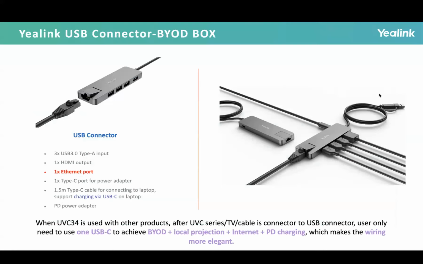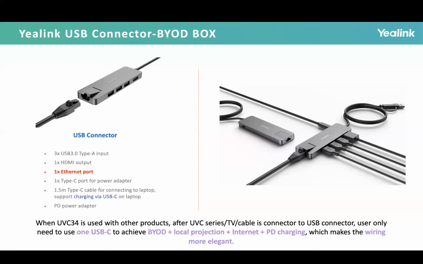The BYOD box. This is something you will need when you're deploying USB-based solutions. You'll have a USB camera and your charging device. Let's say your laptop is USB-C, you can connect that. And if you have Ethernet and HDMI, you can put all of this into a single box, and you'll have a single USB-C or USB-A cable to your laptop.